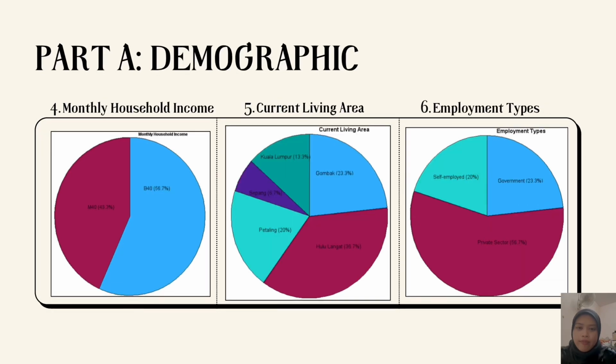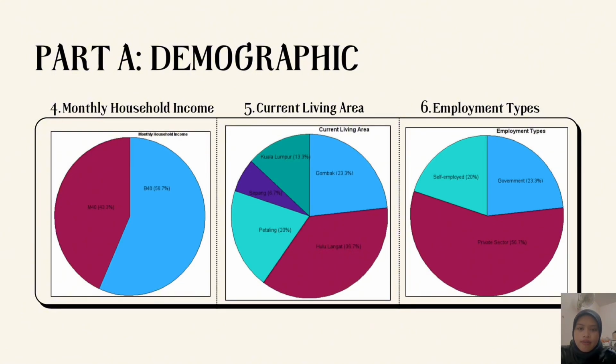In terms of monthly household income, 56.7% of respondents belong to the B40 group, while 43.3% were from the M40 group. This clearly indicates that the majority of respondents are from income groups most affected by rising housing and living costs.